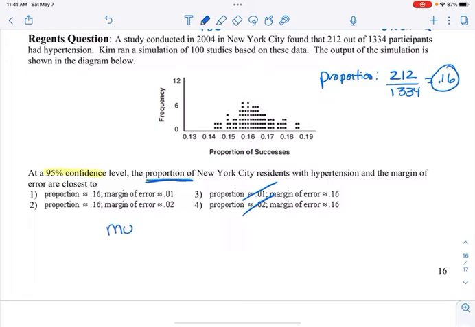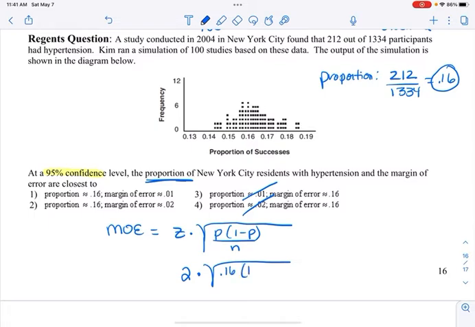So my margin of error is my z-score times the square root of p(1 minus p) over n. So my z-score that I'm going to use is 2 times, now that p proportion is 0.16, 1 minus 0.16, over n, which is 1,334.